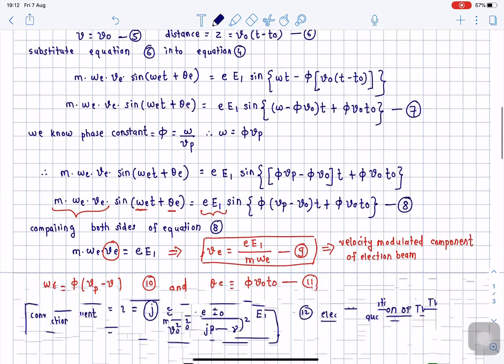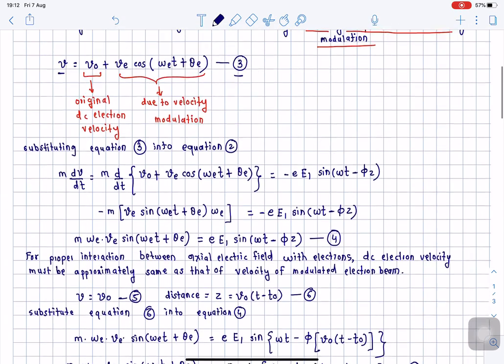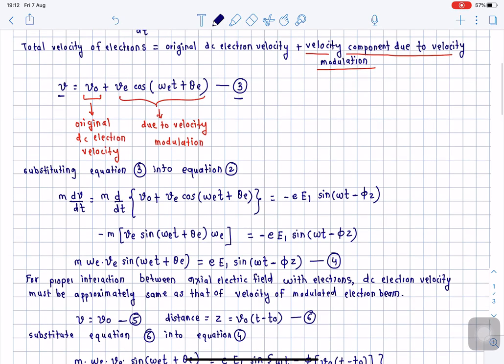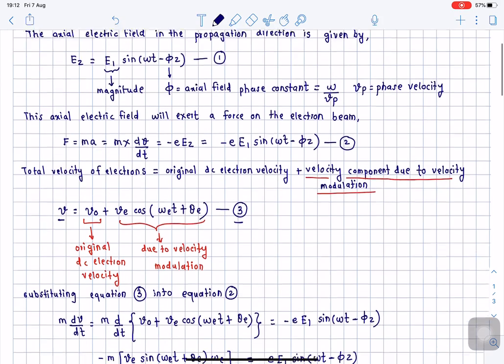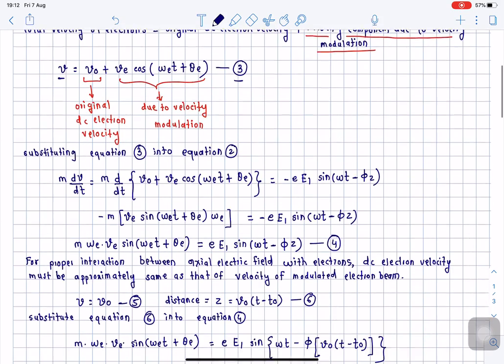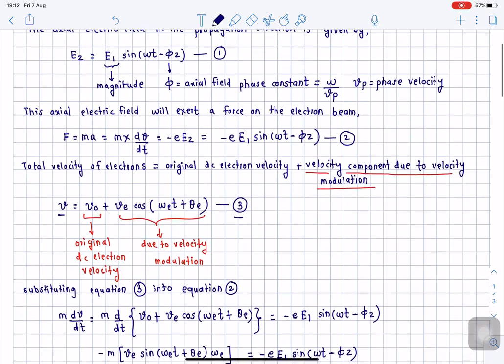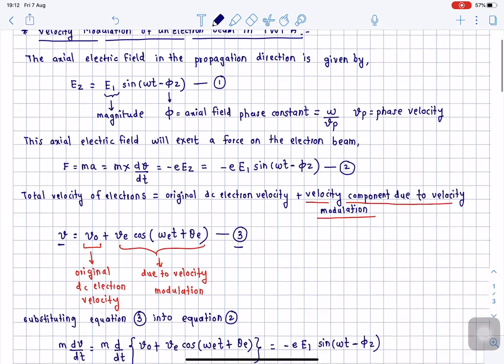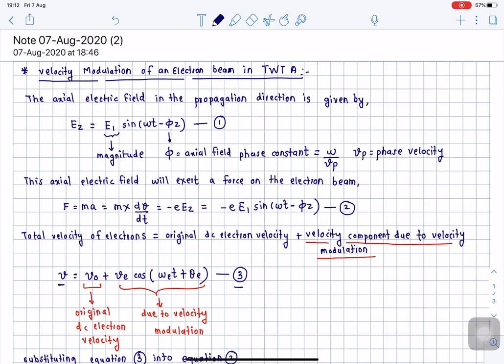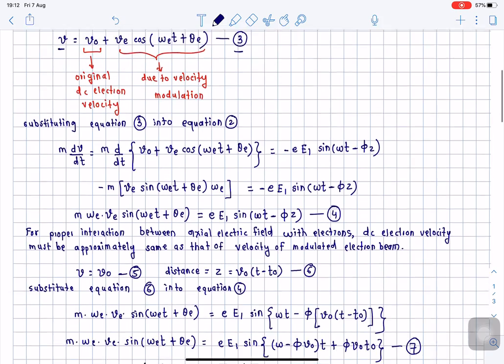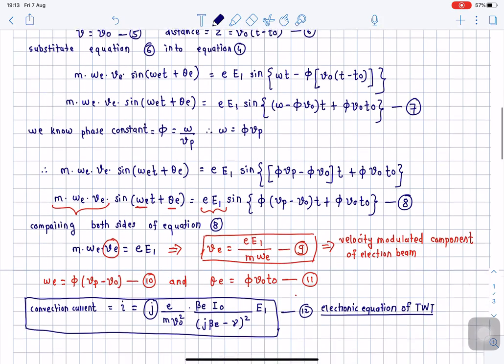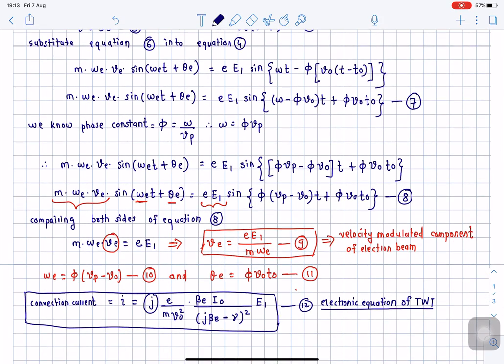So I hope you understood the principle of working operation of a traveling wave tube amplifier, all its operation, the velocity modulation process, the application, and the details of slow wave structure and a derivation to find the velocity component which is taking place because of velocity modulation effect in the traveling wave tube. And finally we saw the equation for convection current, which is popularly known as the electronic equation of a traveling wave tube amplifier.